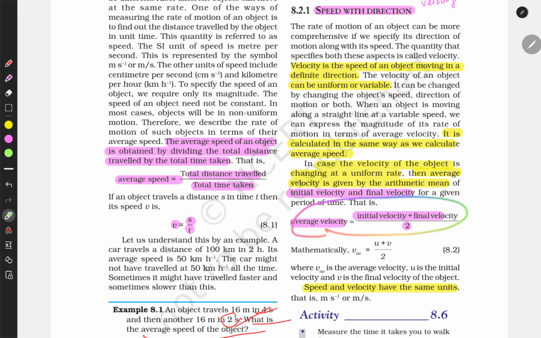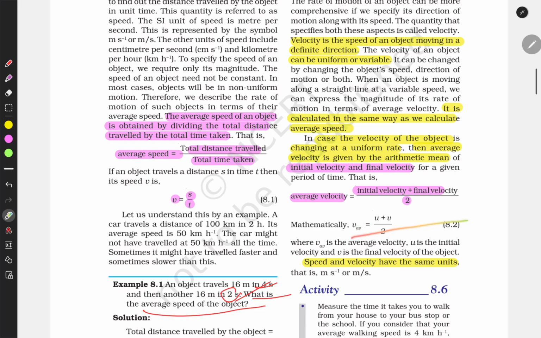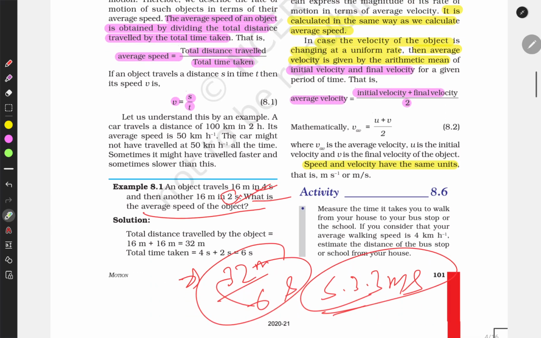This formula only applies if the velocity is changing at a uniform rate: initial plus final divided by 2, the average of first and last. If the velocity is variable, then the different velocities should be added up and divided by the number of velocities measured, which gives the average velocity.